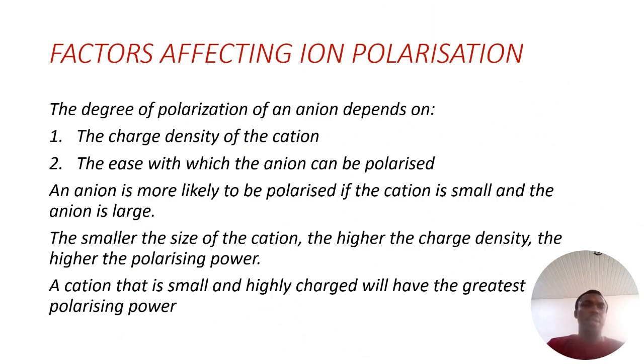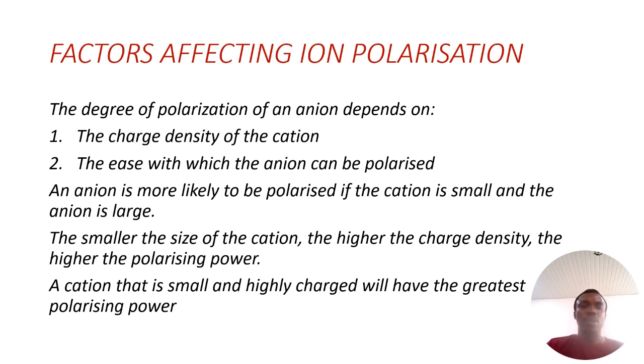Having considered ion polarization, we want to look at factors affecting ion polarization. Now, the degree of polarization of an anion depends on the charge density of the cation and the ease with which the anion can be polarized. Ion polarization occurs when a cation attracts electrons from an anion and distorts the anion.